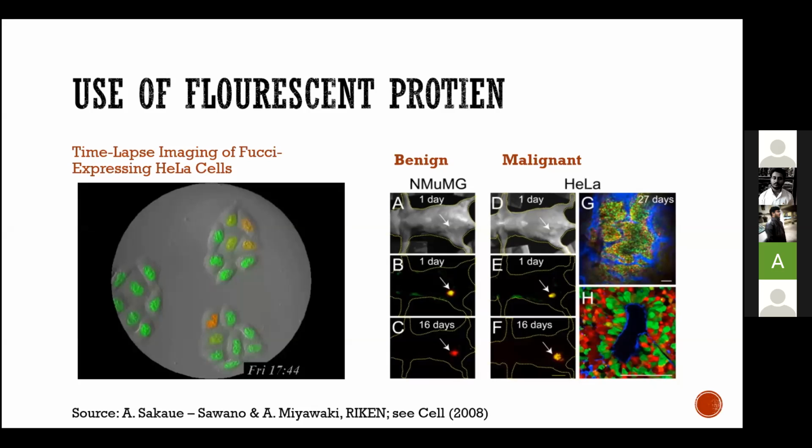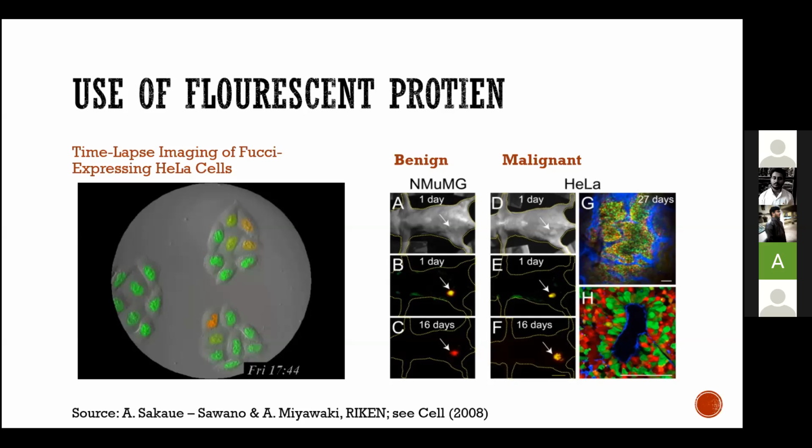Here is a quick video of what green fluorescent protein can do. As you can see, these are a bunch of cells which are green right now. I'll tell you what these colors signify. The green color signifies that the cell is in mitotic phase. As soon as it changes color and goes to red, it means it's in interphase.